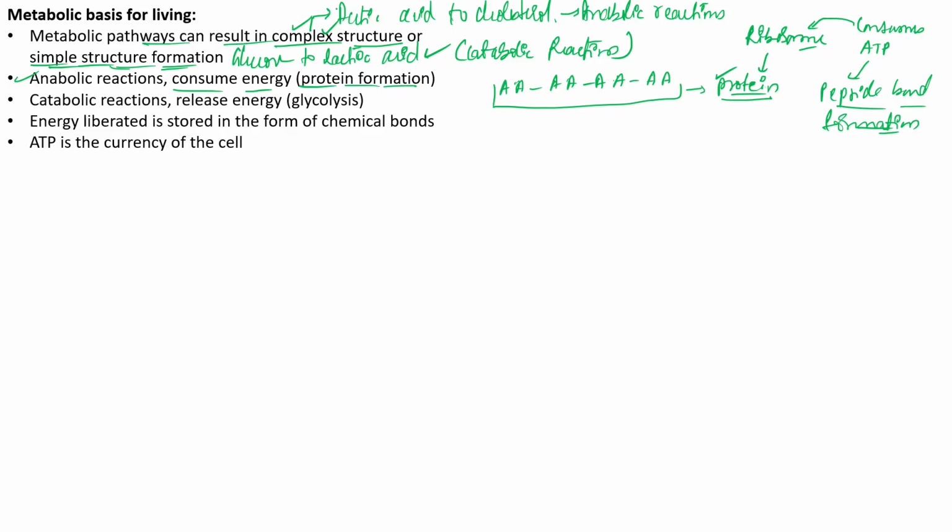So we can say that the consumption of energy is generally observed in anabolic types of reactions. However, catabolic reactions are mainly energy releasing or energy yielding reactions, right? One example is glycolysis.